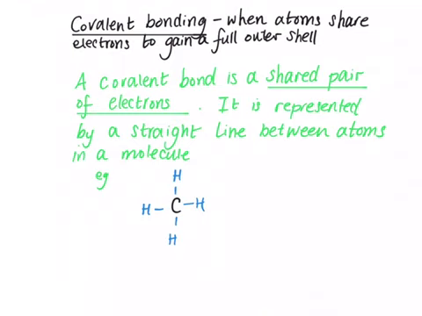If we look at methane, there's 1 carbon and 4 hydrogens, and there are covalent bonds between the carbon and each hydrogen, shown by these straight lines. That straight line means that carbon has shared 1 electron with the hydrogen, and the hydrogen has shared 1 electron back with the carbon.